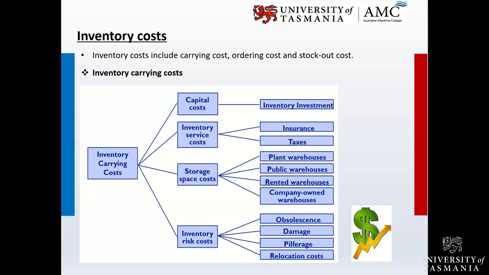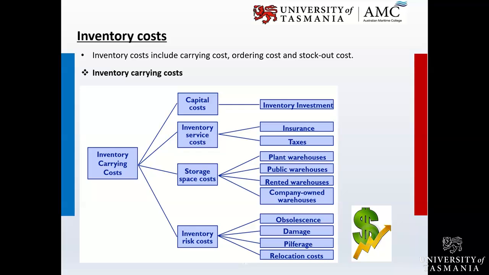There are three major components: carrying cost, ordering cost, and stock out cost. Carrying cost and ordering cost are easy to understand. Stock out cost, you need to view from an opportunity cost perspective. Okay, we will talk about them one by one.